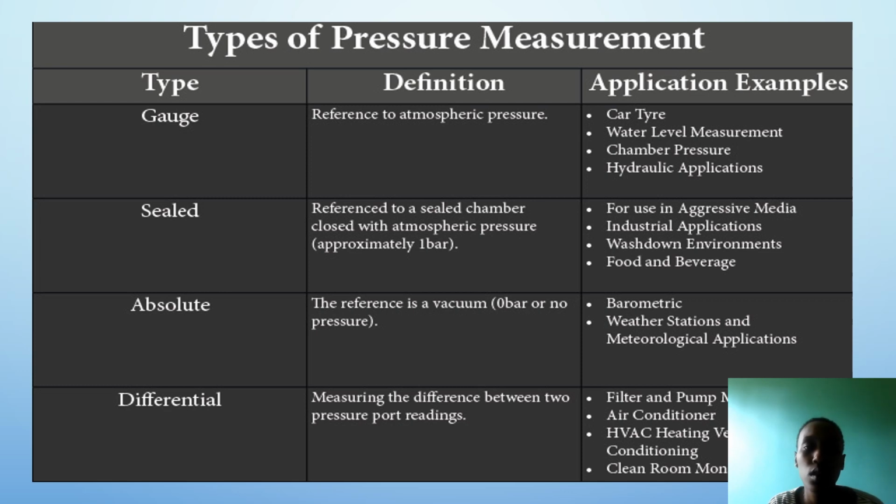The next type of pressure measurement is sealed. Sealed is referenced to a sealed chamber closed with atmospheric pressure, approximately 1 bar. Sealed as a type of pressure measurement has its application examples.